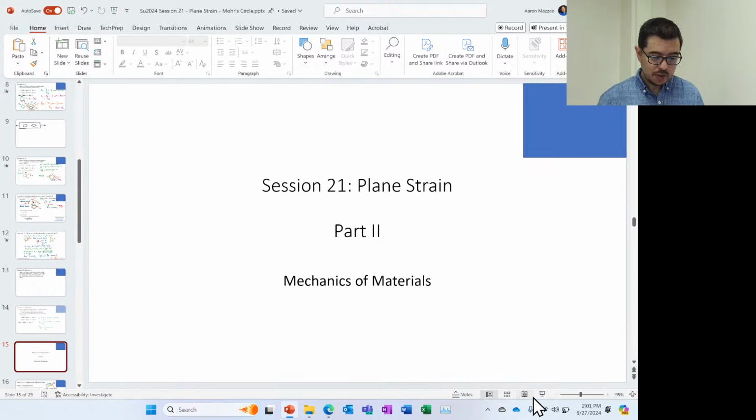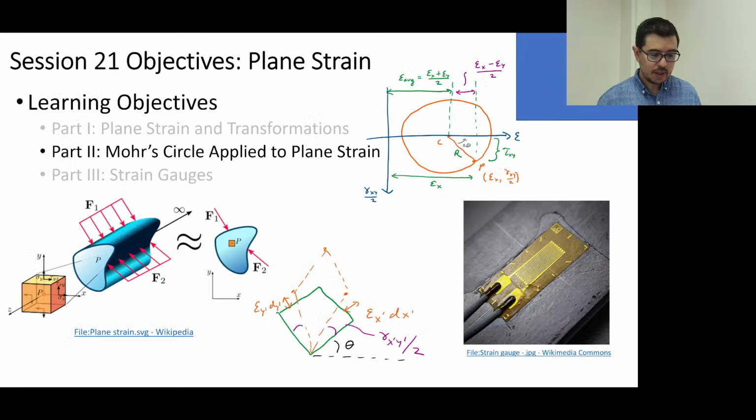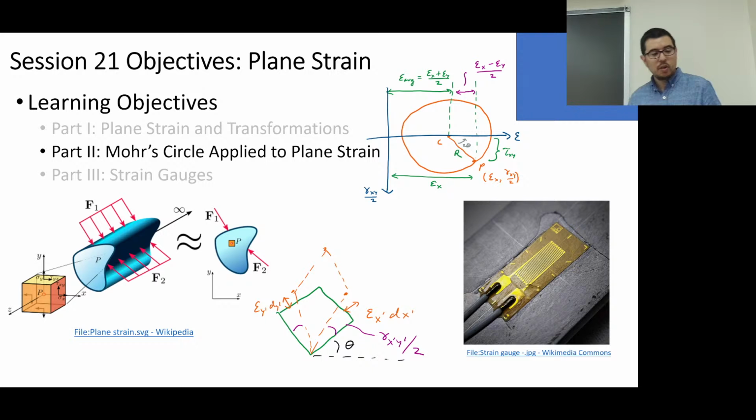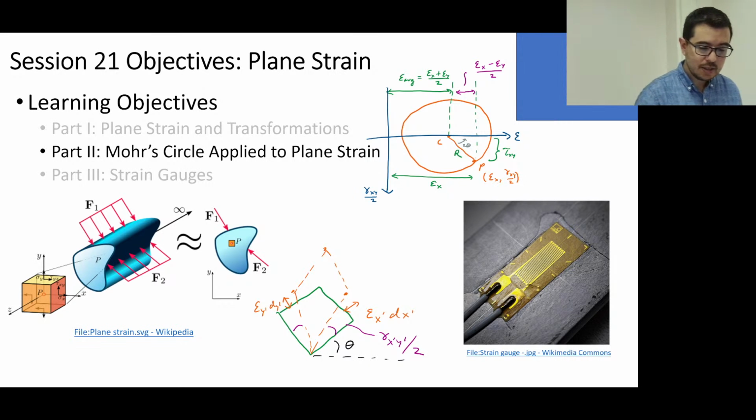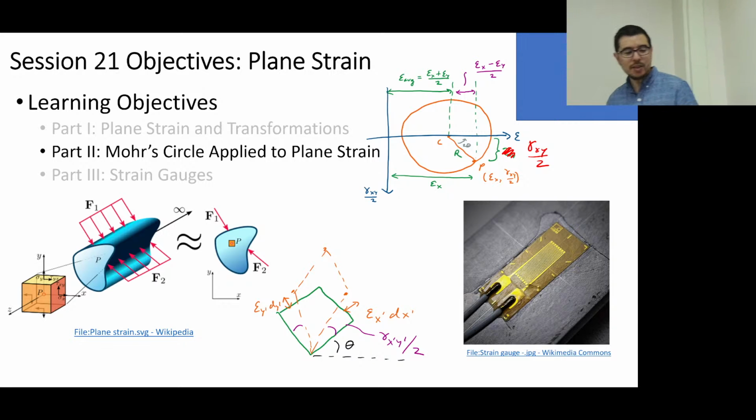Part 2: Mohr's circle. The only difference, and you can see I even kind of cheated.